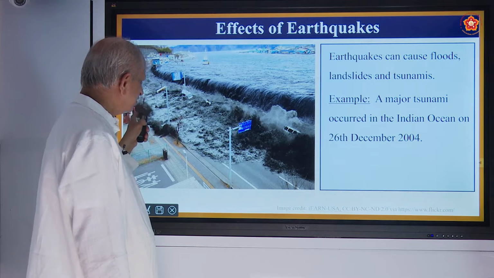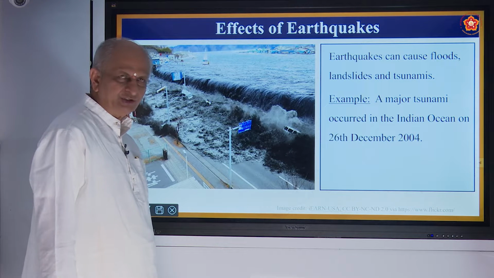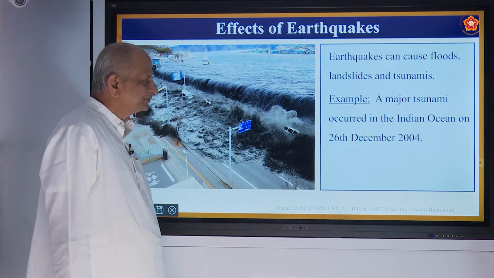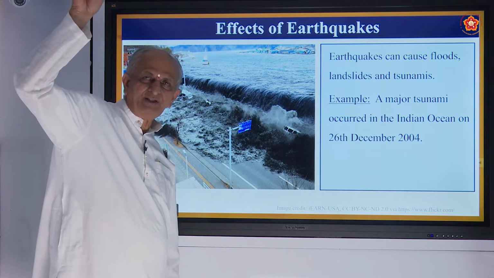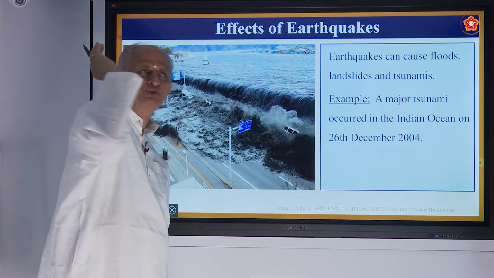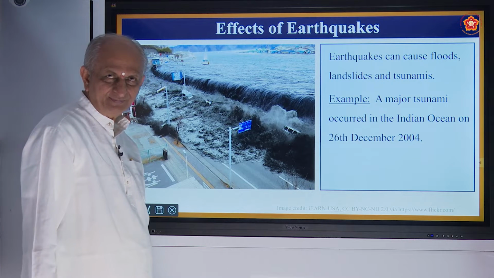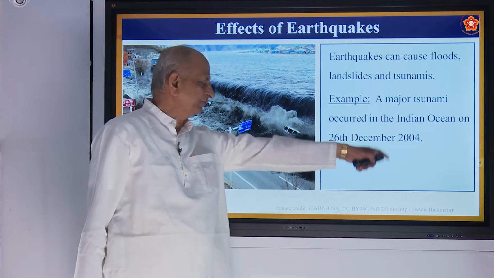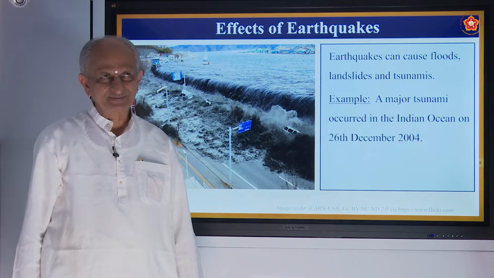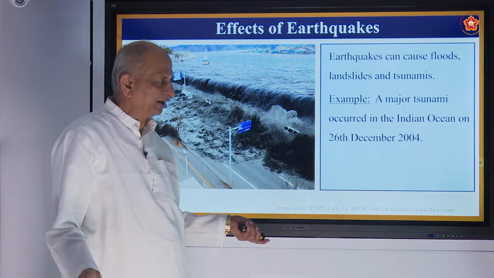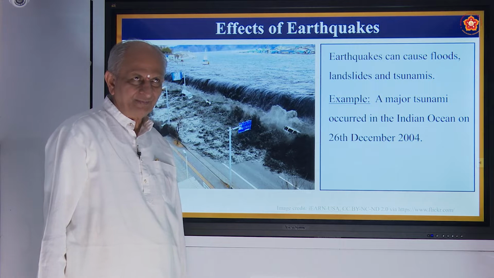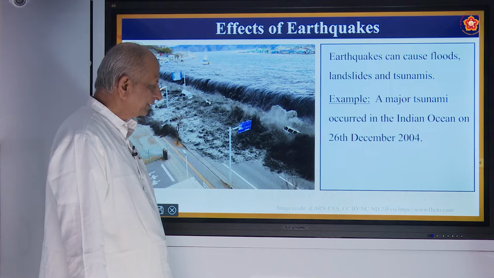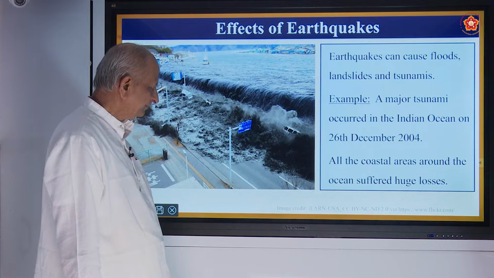It attacked the seashore. So all those on the seashore were washed out, and some of them, of course, because of the height of the waves, were pushed onto the top of the buildings, different floors of the building. So that happened in 2004, the next day of Christmas, when so many people had gone for enjoyment on the seashore. But their enjoyment stopped within a short while because of the effect of the tsunami.